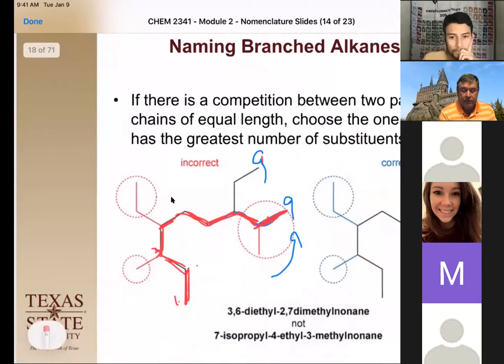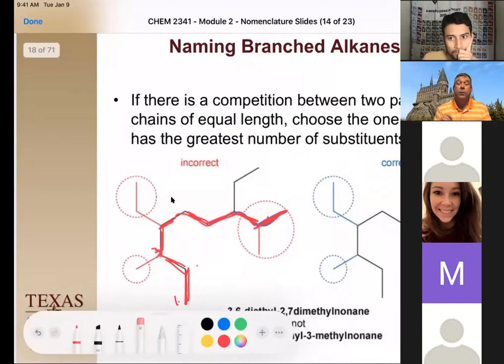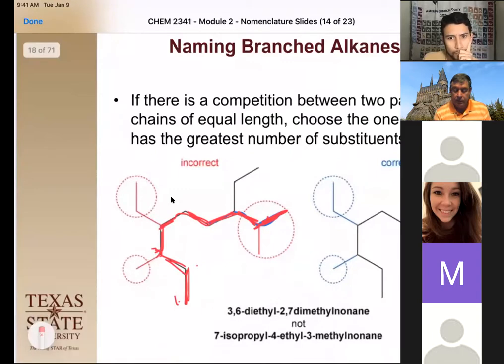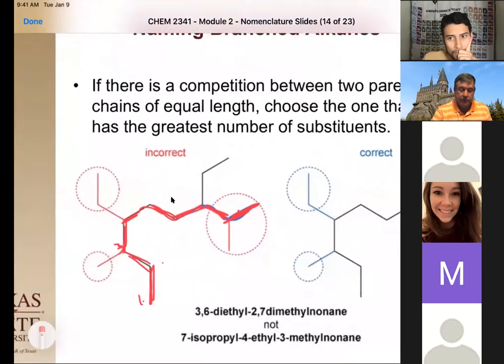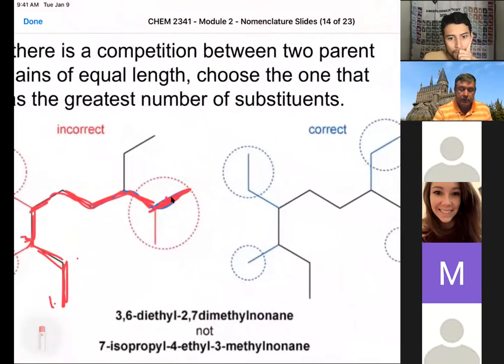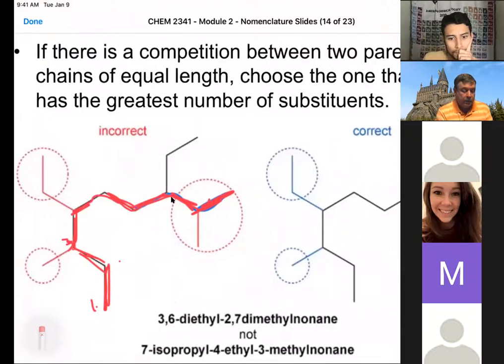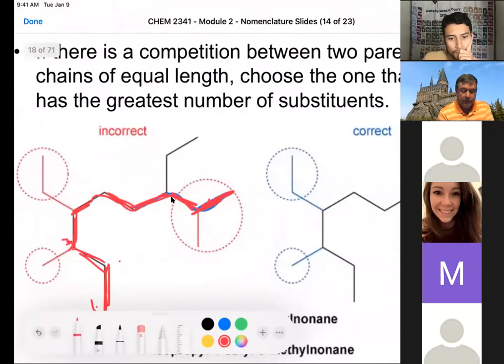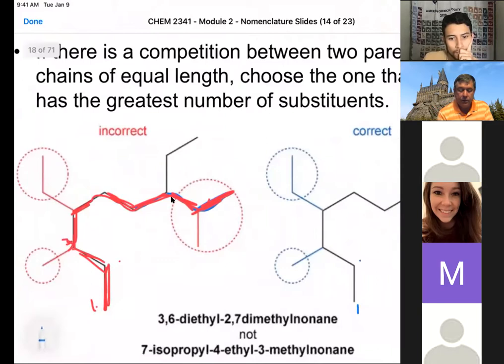So if this is our longest parent chain, let's figure out which way to number it, okay? So since this one is substituent correct, I'm gonna try to leave it up there, okay? If we were to number this from this side, we'd have 1, 2, 3. That would put our first substituent on the 3 carbon.